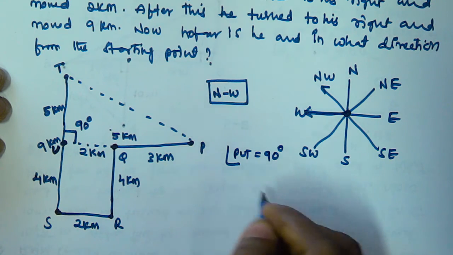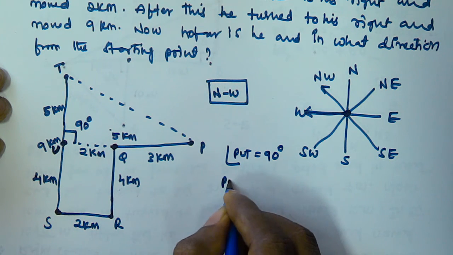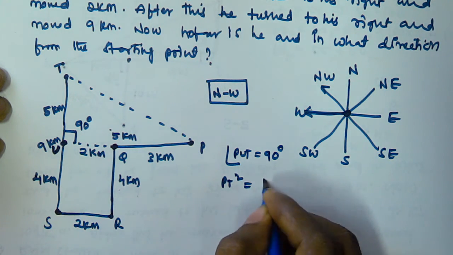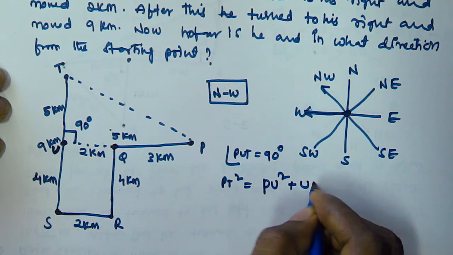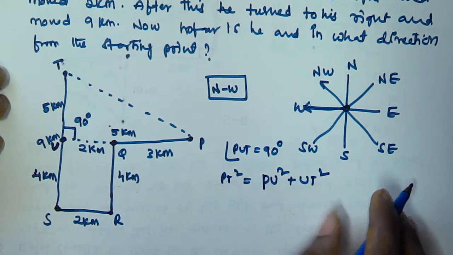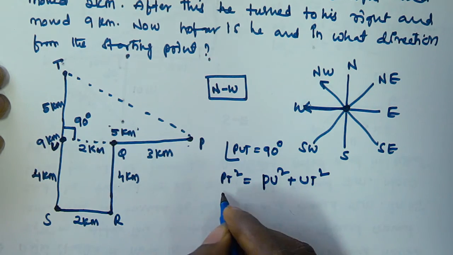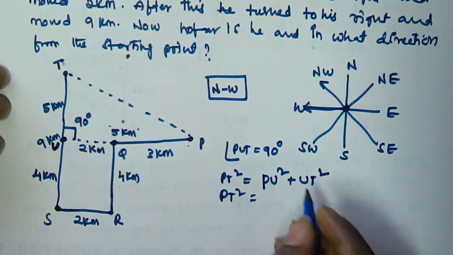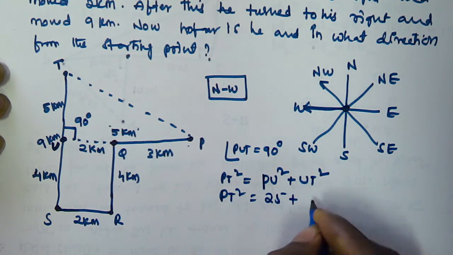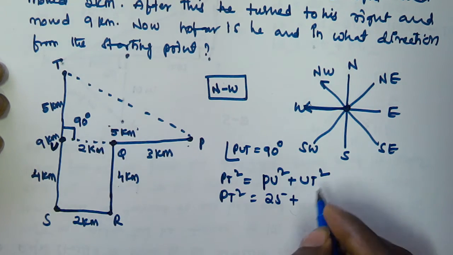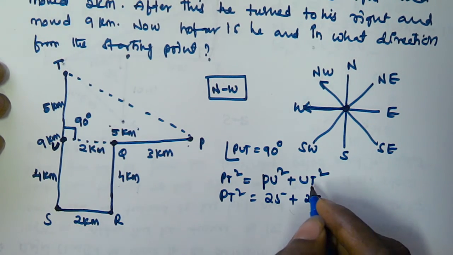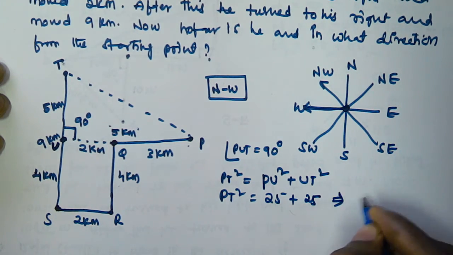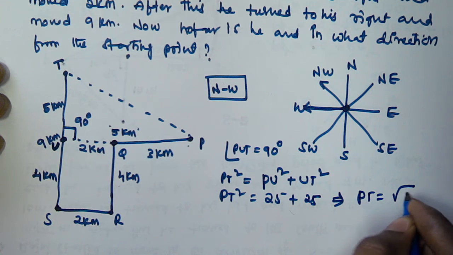So it is a right angle triangle, and PT square is equal to PU square plus UT square. Here PU is 5 kilometers, so PT square is equal to 5 square, which is 25, and UT is also 5, so that is 25. So PT is equal to the root of 50.